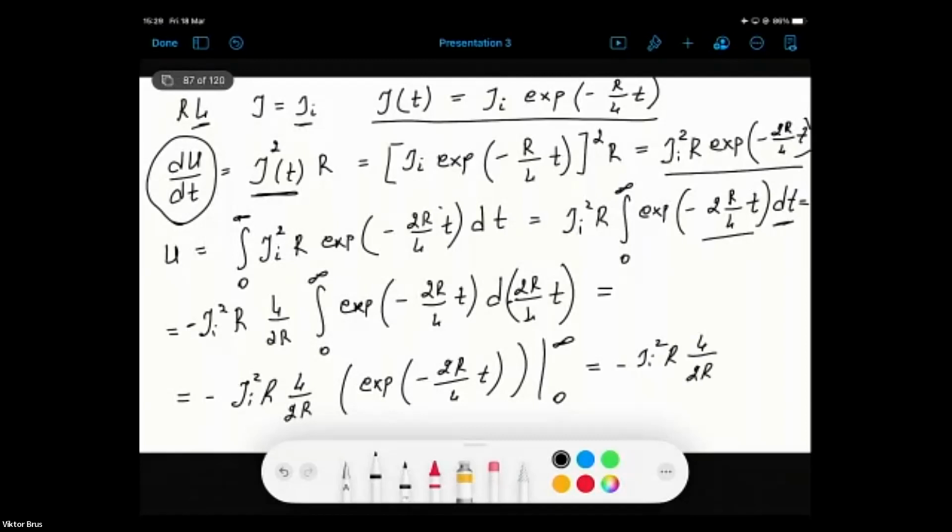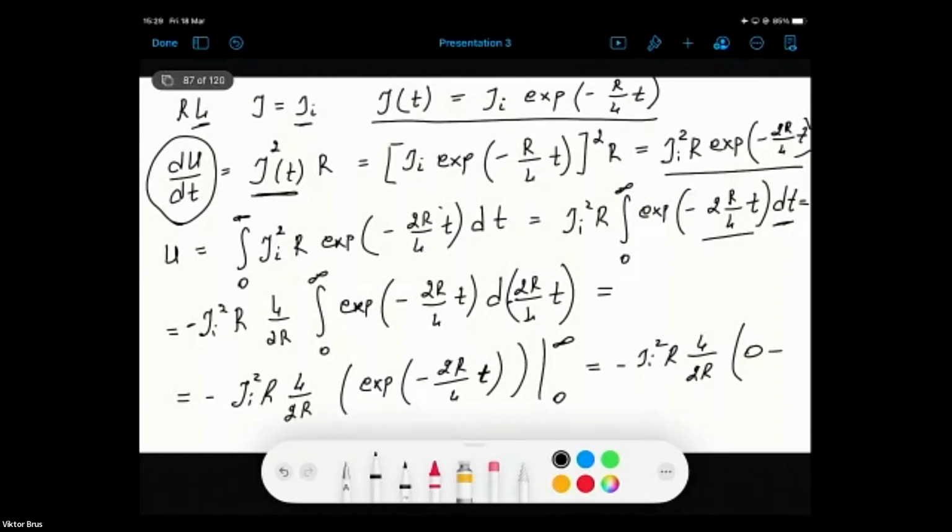For infinitely large time, this exponent will be 0, because it's with sign minus. If we have minus infinity power, we get 0.